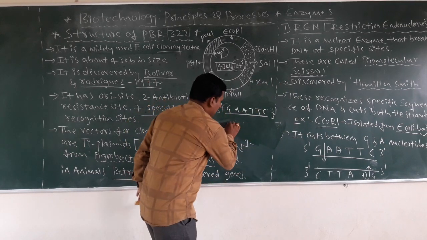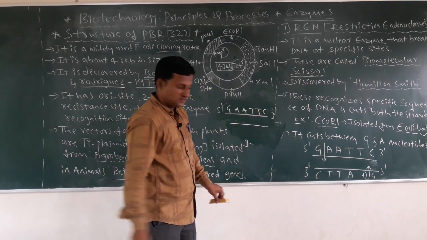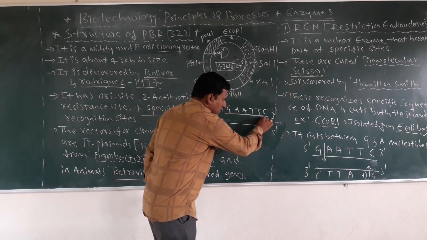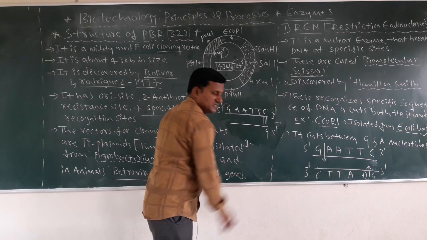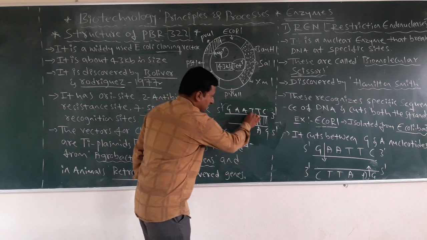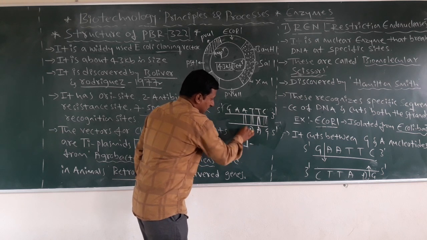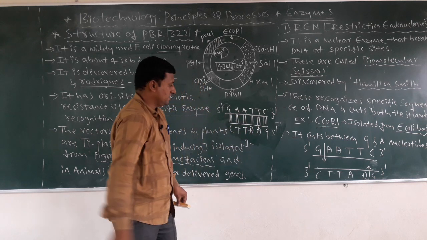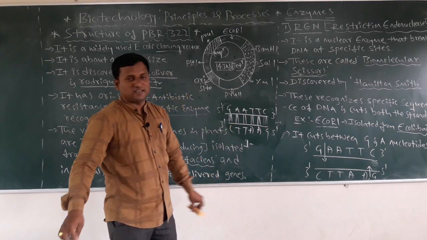Then make the complementary sequence, 5' to 3'. Instead of C, which nucleotide comes? G. Next, T's complementary base is A, next the same A, next T, and G in between C, making it a complete 3' end.